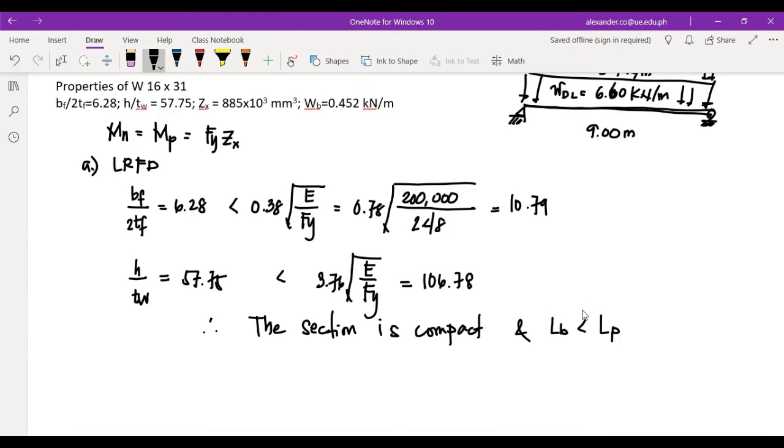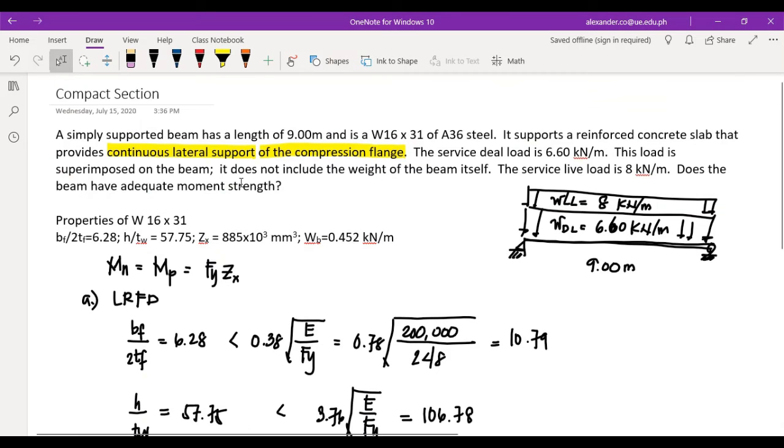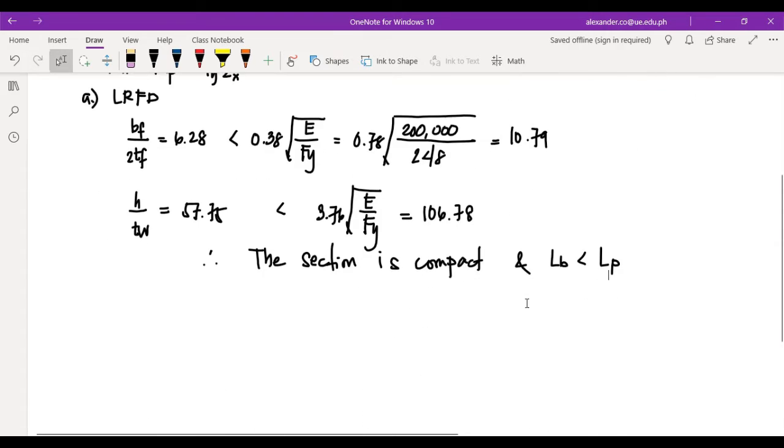Okay? Regardless na gano'n siya kahaba, pag sinabi, tandaan nyo ang keyword dito, kapag sinabi is continuous lateral support of the compression flange, hindi mo na kailangan computin yan. Alright, so LRFD tsaka ASD, parehas lang yan, no? So, pwede ko pa rin alisin to, actually. For ASD tsaka LRFD yan.